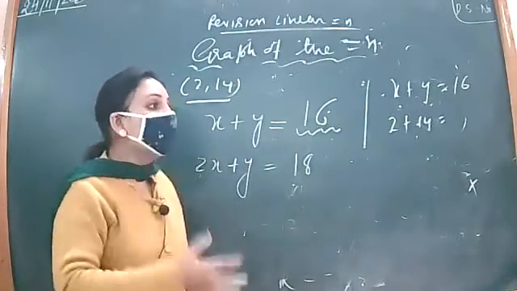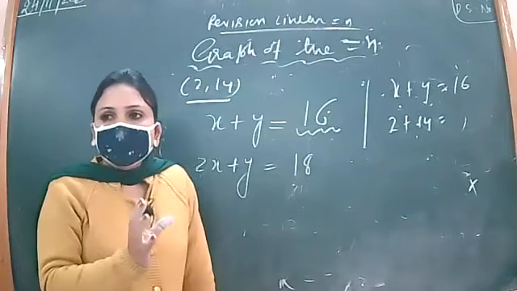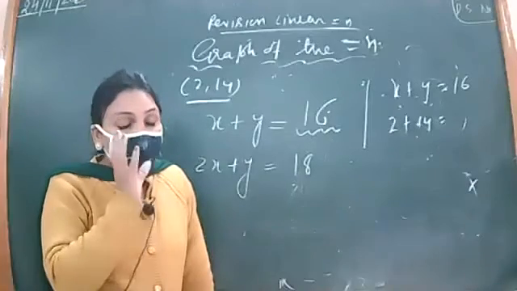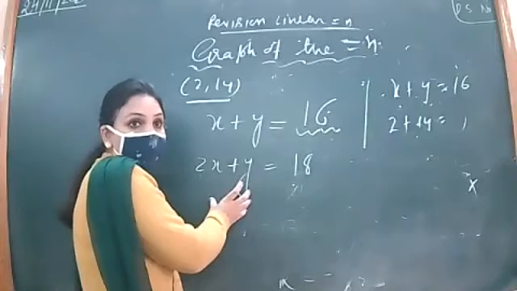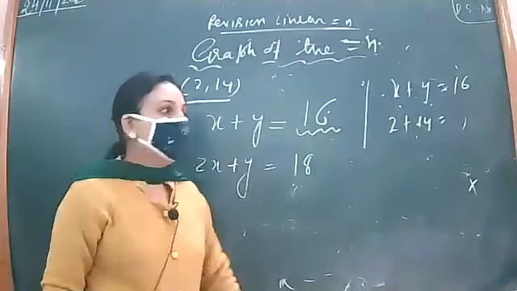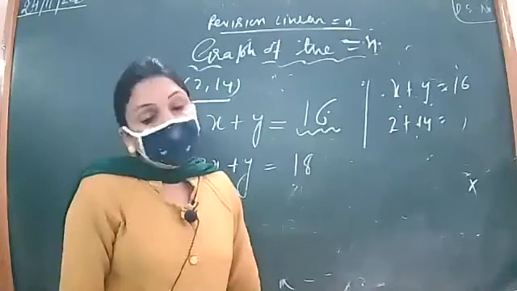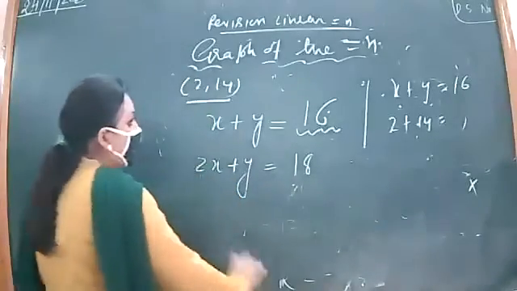I have explained it. You will write in brief in the exam that we can have infinitely many such lines. What is the reason? The reason is that we can have infinitely many expressions in x and y with different coefficients of x and y. That's why infinitely many lines can be framed. Right? Let's move ahead.